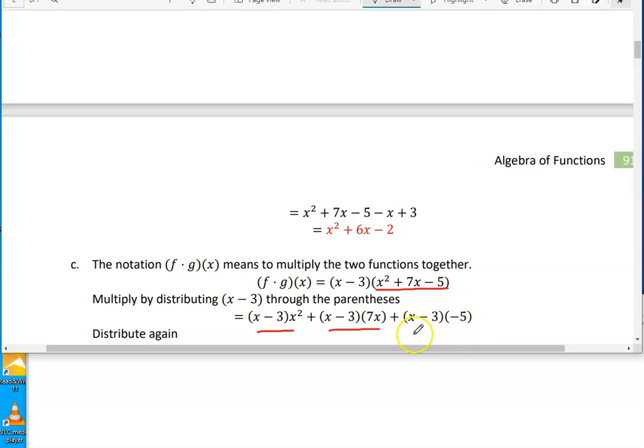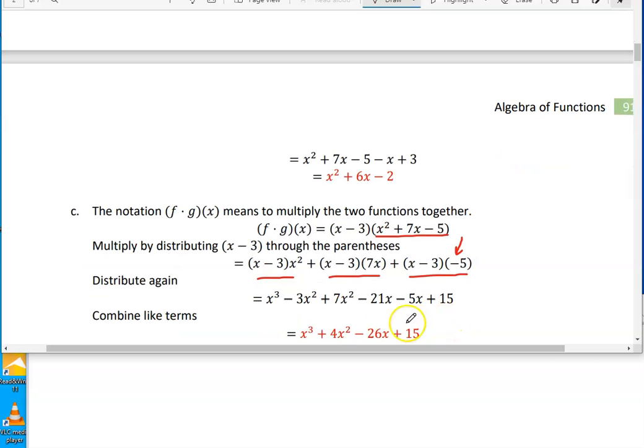And you got to pay real close attention to that sign there. Putting them together now, that becomes x cubed minus 3x squared. This becomes 7x squared minus 21x. This will become negative 5x plus 15.